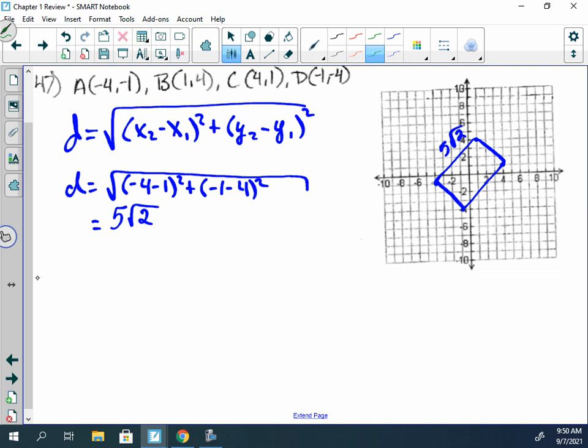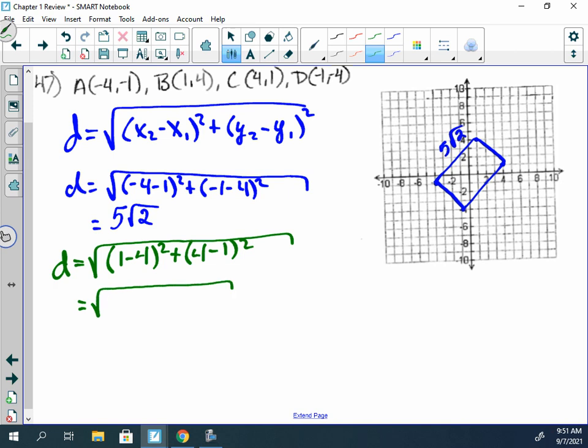So how do we do it? 1, 4, 4, 1. Well, that's not all the sides. This perimeter is just adding all the side lengths together. So then we can go from B to C, which would be 1 minus 4 squared plus 4 minus 1 squared. I type it in just like it is. Square root, parentheses, 1 minus 4, close parentheses, squared.